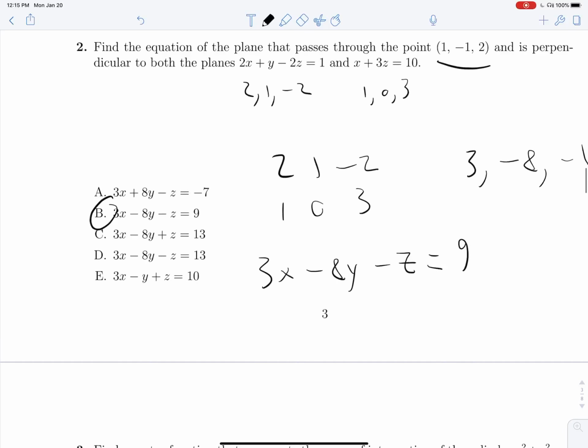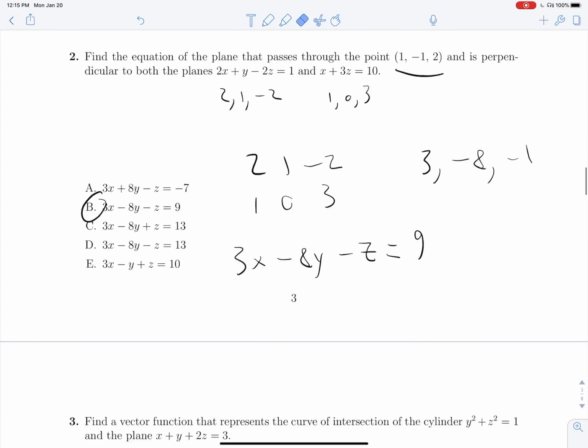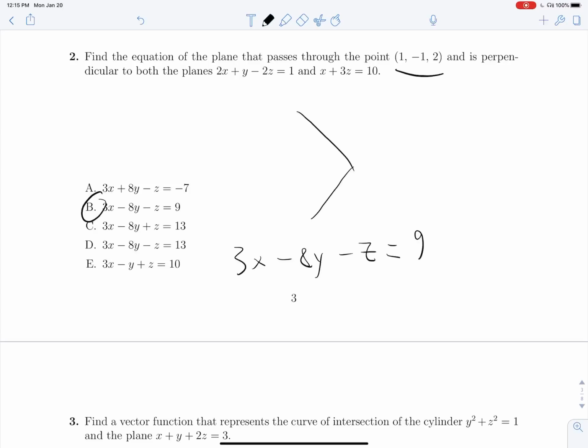And if you want to see this a little bit more visually, we can draw it out a little bit. So we want the plane that is perpendicular to two other planes. And if we draw these planes' normal vectors in here, we see that the cross product is going to give us either one of these two mutually perpendicular vectors here.